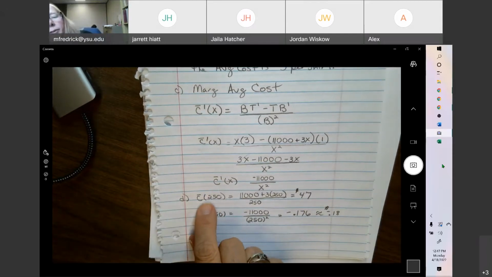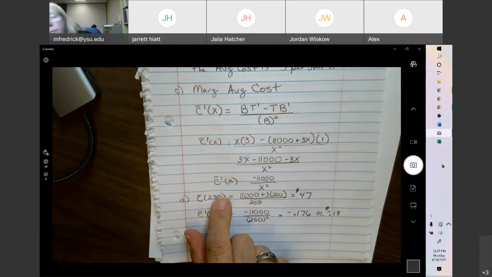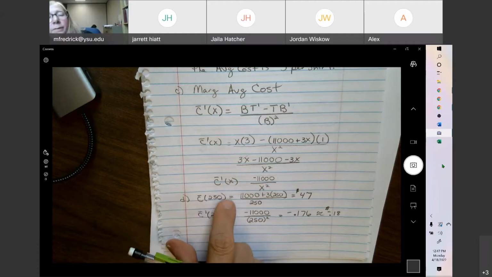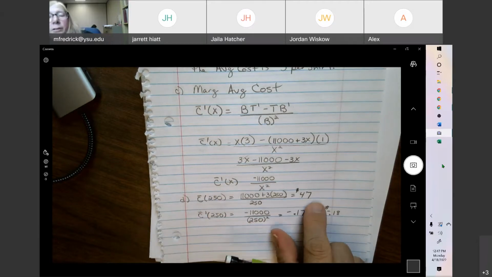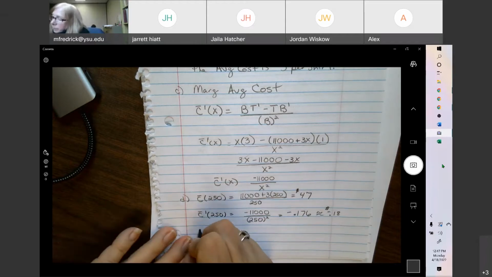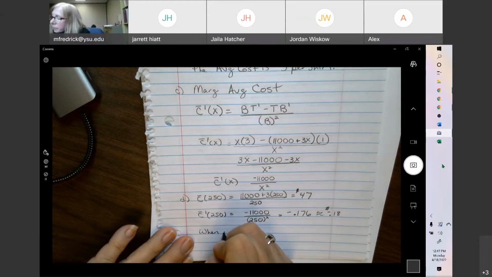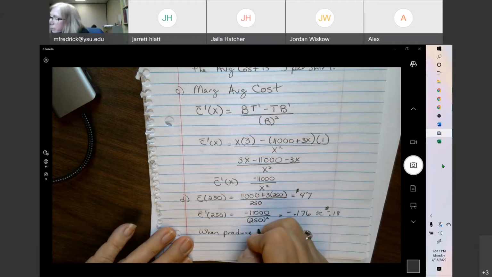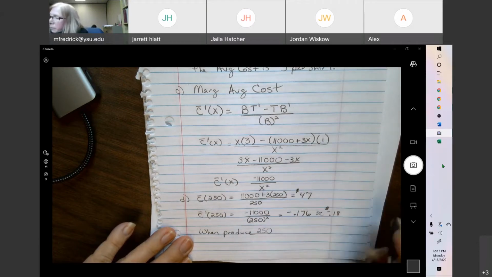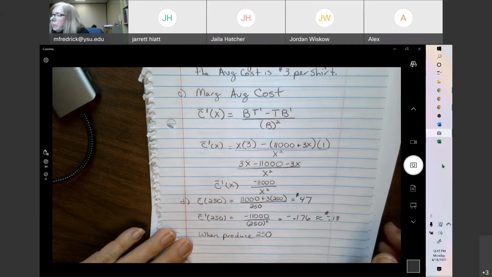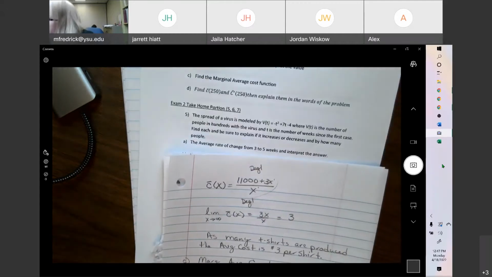This one, average cost is saying when we sell or produce, because it's cost you're producing. When we produce 250 of them, they're going to cost $47 each. Did it say what X was?